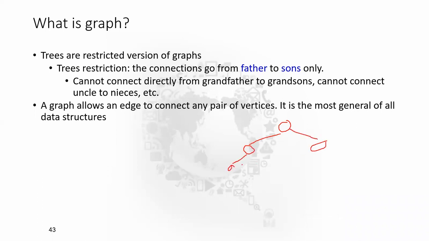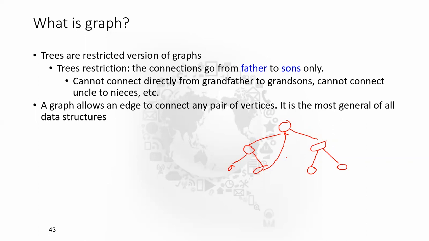Your father has 2 sons and your uncle has maybe 2 kids. Let's say this is a binary tree, where you have 0, 1, or 2 nodes at most. So you are unable to connect the grandfather directly to the grandson. It has to go from stage to stage and level to level.